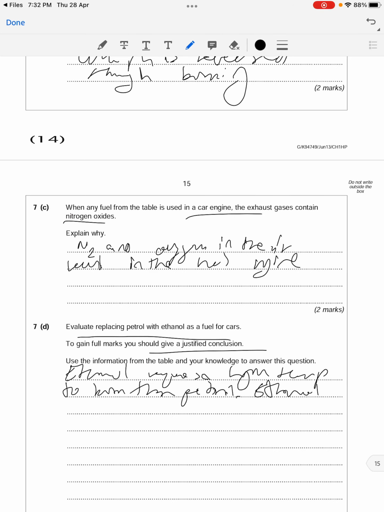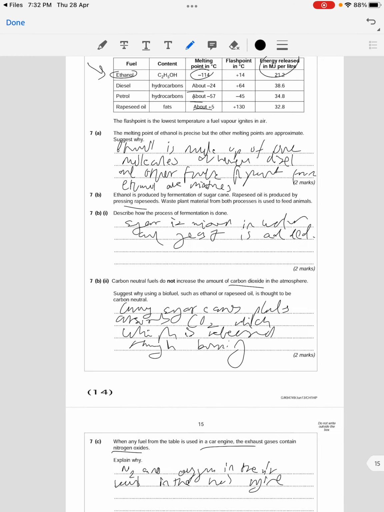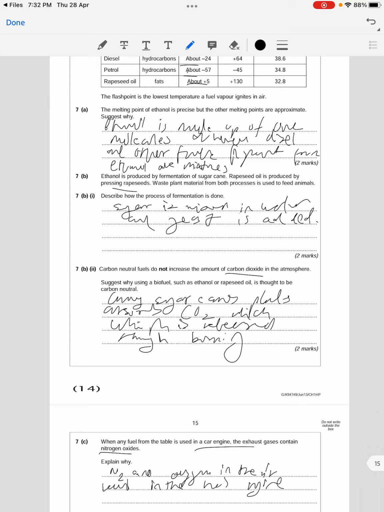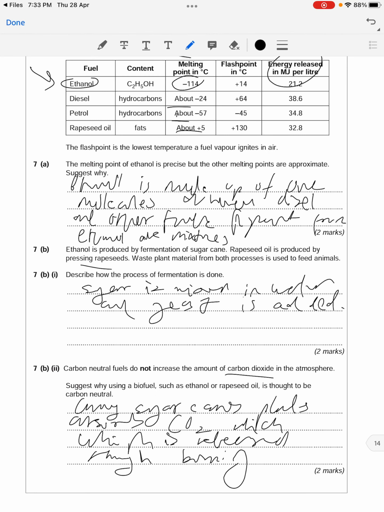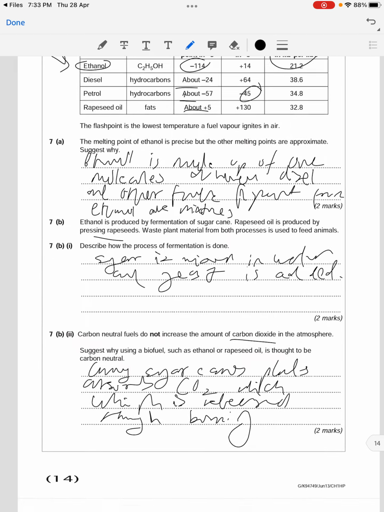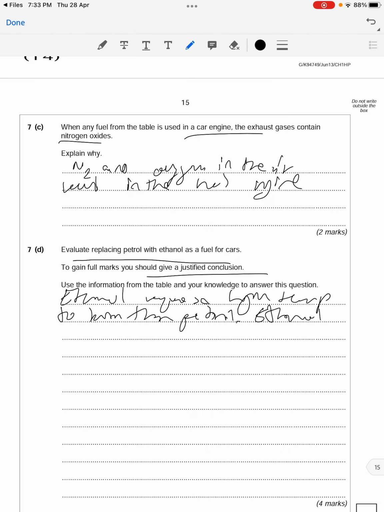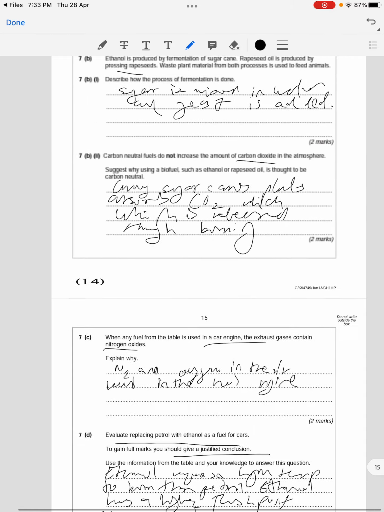Ethanol also, as you can compare in the flashpoint column, has a higher flashpoint than petrol. Just mention all the statistics.